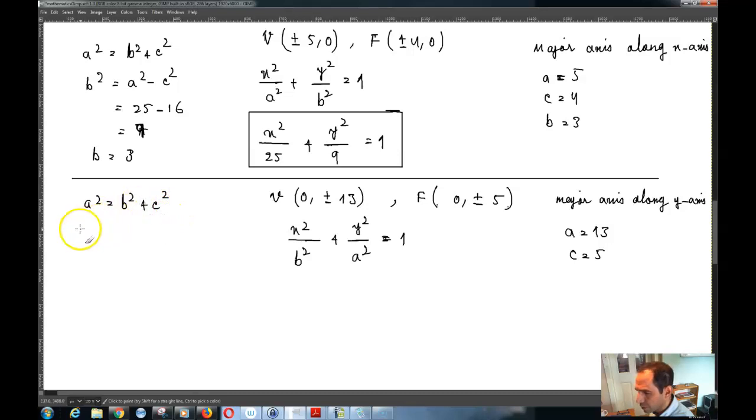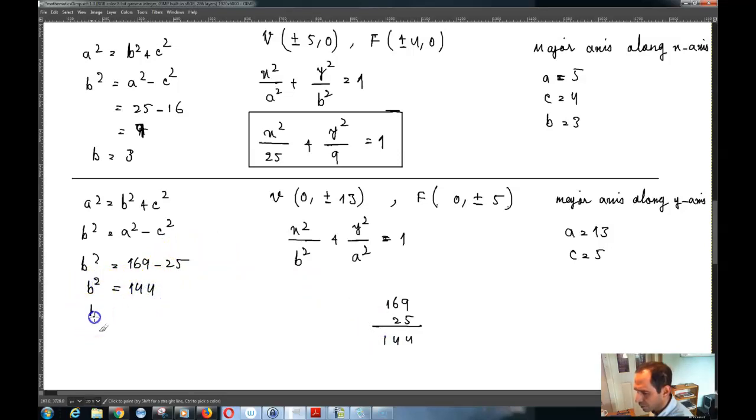That means that b squared is equal to a squared minus c squared, which means that b squared is equal to 169 minus 25, and 169 minus 25 is equal to 144. That means that b is equal to 12. Your b is equal to 12.